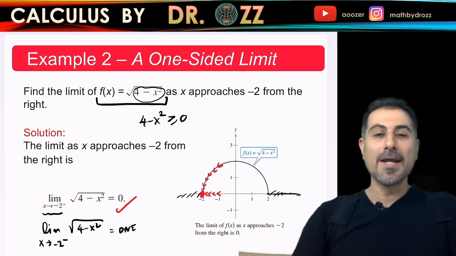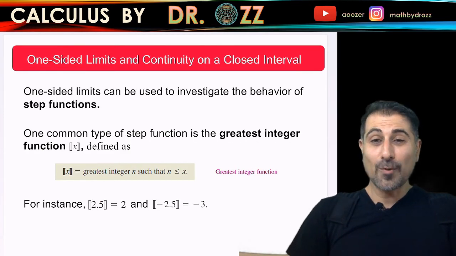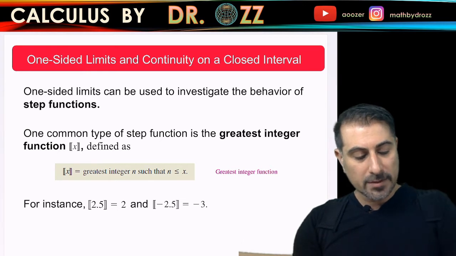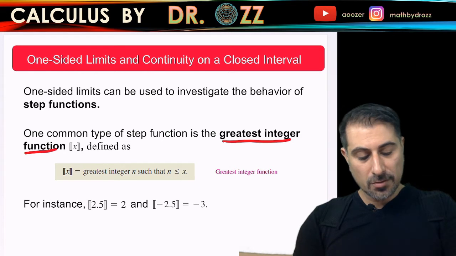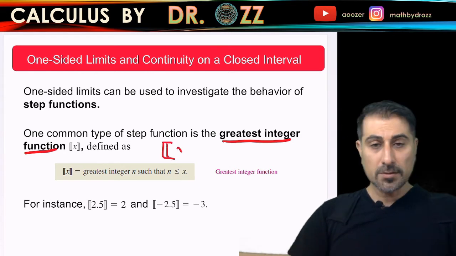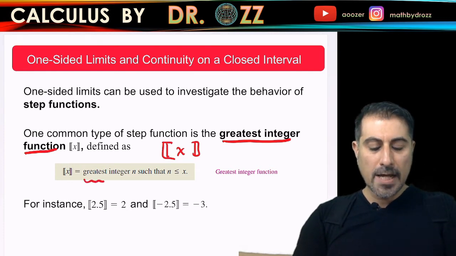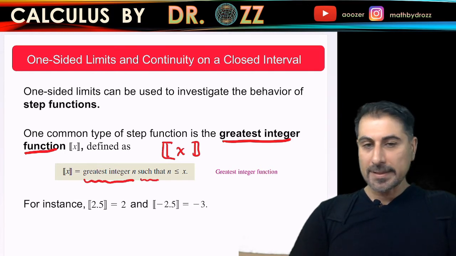Another cool application of one-sided limits is step functions, and one common type of that is called the greatest integer function. We have a special notation for it, and it's defined as the greatest integer n such that n is less than or equal to x.